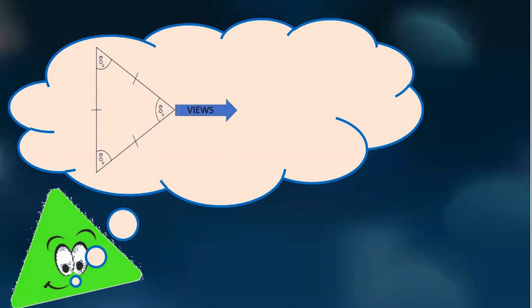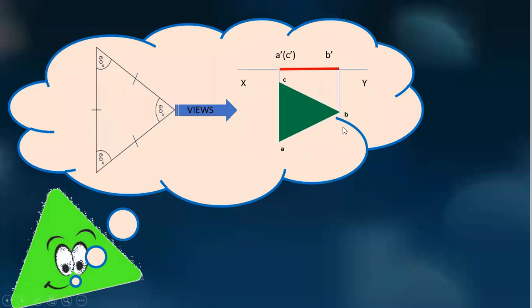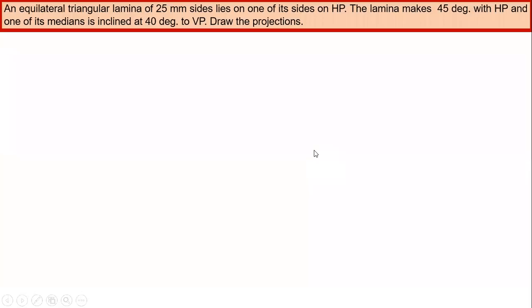When viewed from the top, it will appear as a triangle and it is named as A, B and C. If you want to write the front view, A dash is visible and B dash is visible, whereas C dash will be hidden. And in the front view, the triangle will appear as a straight line. These are the views in the first position.